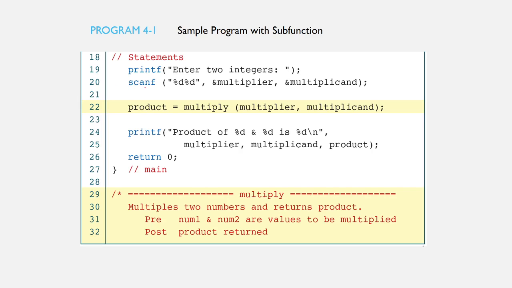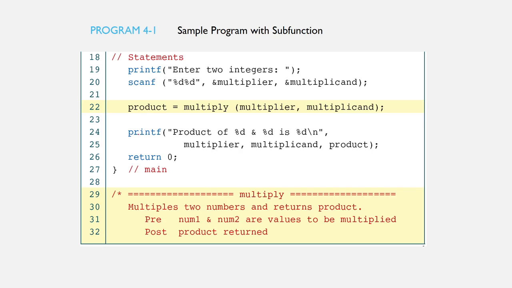Line 20 will read and assign those two integers entered by the user to the variables multiplier and multiplicand. Now, line 22 is a function call for the multiply function that will pass the values of the variables multiplier and multiplicand respectively and assign the result to the local variable product.